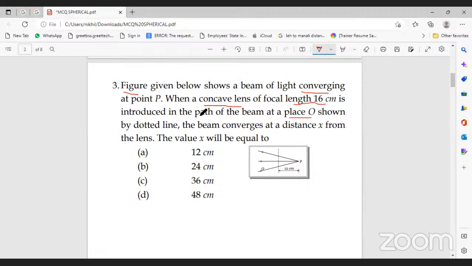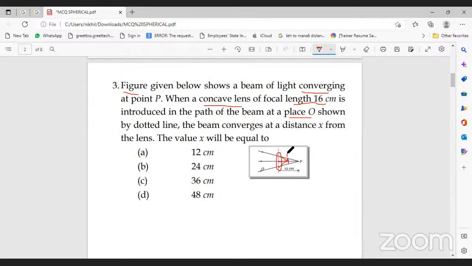Now, if I introduce one lens at the dotted line, let us say here I am going to use one lens. If I introduce this lens, it is going to converge to some particular point.